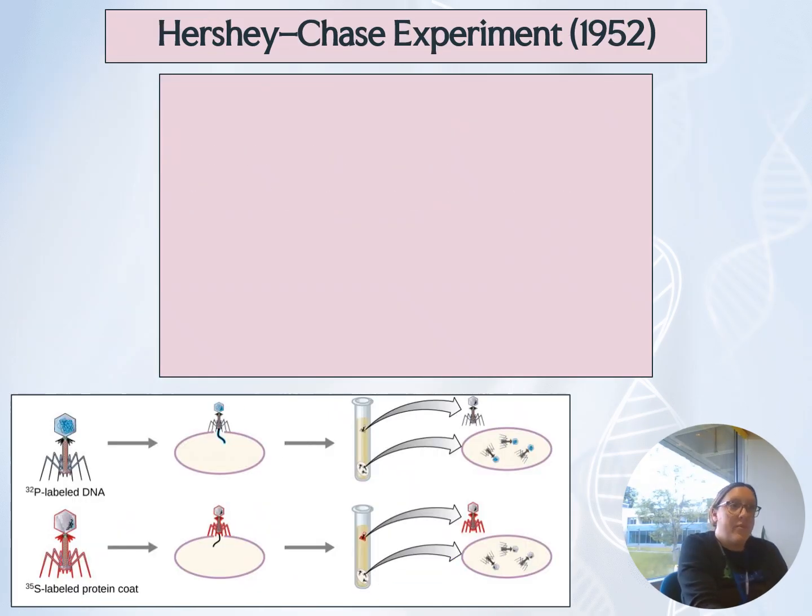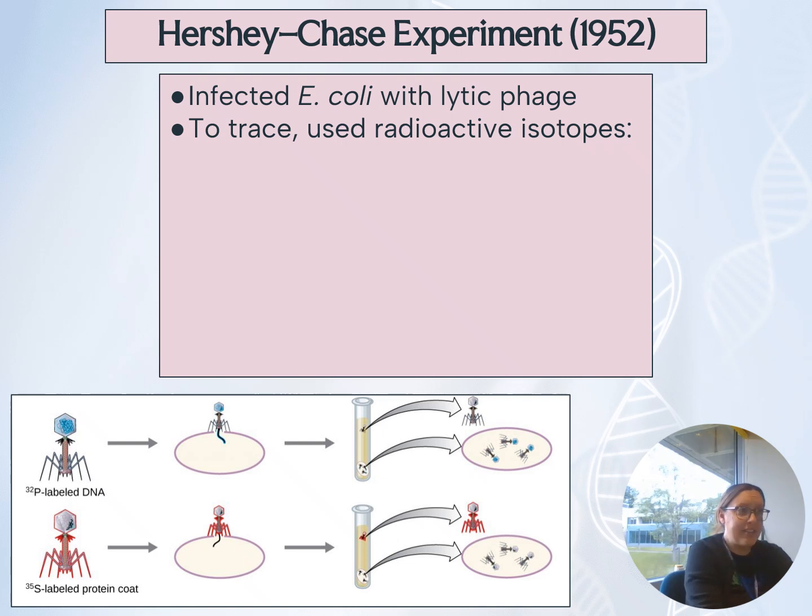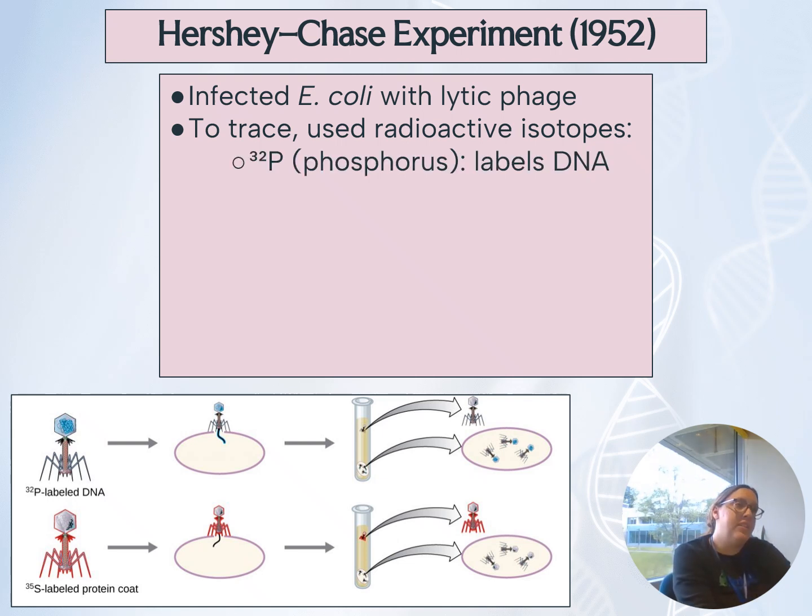One more experiment just to really basically confirm that DNA was genetic information. We have Hershey and Chase doing some experiments with E. coli and a lytic bacteriophage. Now with that bacteriophage, we were able to label DNA with radioactive phosphorus and label proteins with radioactive sulfur.